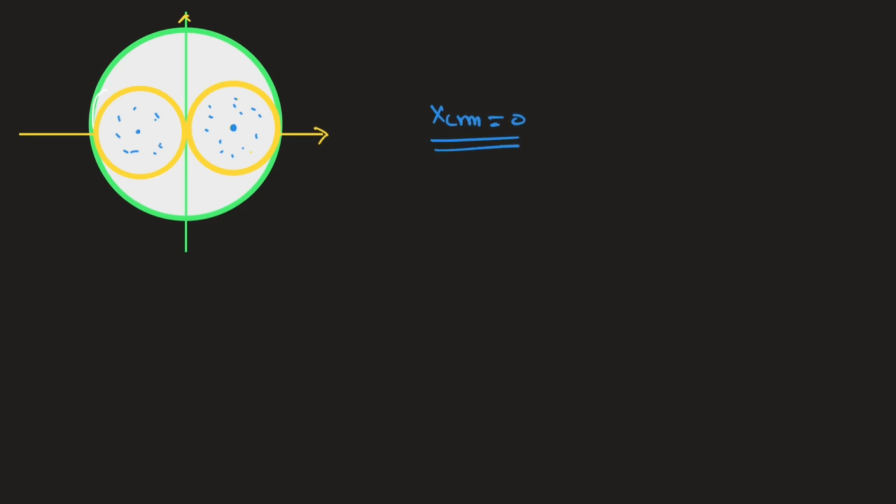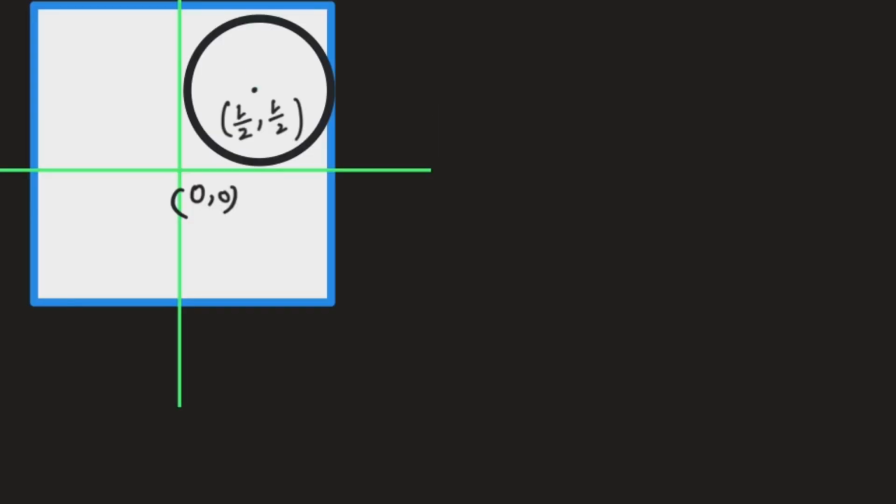If we remove the right side, it shifts left by r by 6, but if we remove left side mass, it shifts right by a distance r by 6. So finally the center of mass will remain at the center. Now consider a square, and the length of this square is 2l.